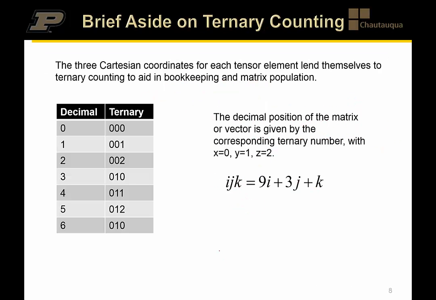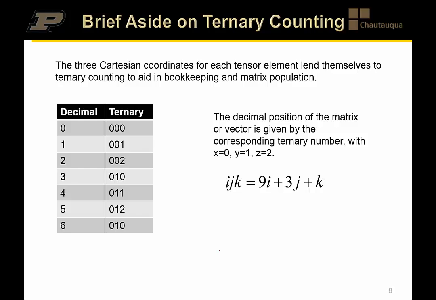So before we go about the actual population of that symmetry matrix, it's worth going back a step and just reminding ourselves of the basics of ternary counting, because we're going to have a whole bunch of tensor elements we're going to have to identify based on the indices and where we put them in a matrix.